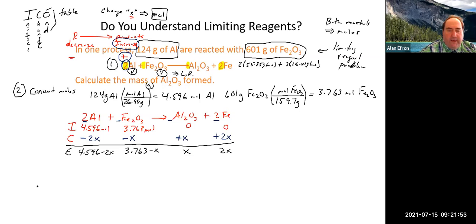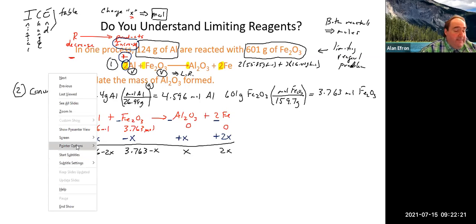So what we need to do is we have this all set up. We still haven't really figured out which one is our limiting reagent and which one is our excess reagent. So we could do that by 2 very simple calculations. What we're going to do now is we're going to take each of our reactants that we got on the end part, and we're going to simply set them equal to 0.